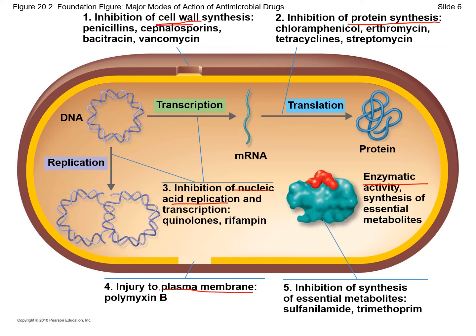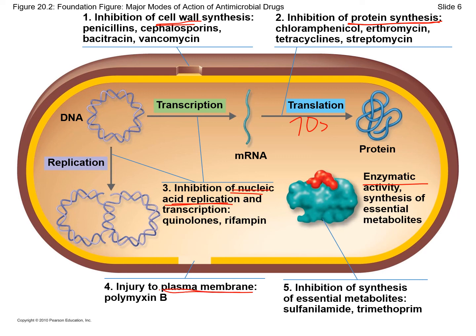So cell wall: eukaryotic cells, animal cells, human cells do not have a cell wall. Protein synthesis is the ribosome, and remember that the ribosome measures 70S, so those antibiotics will only bind to a 70S ribosome. For nucleic acid replication, the enzymes that are involved are different than the eukaryotic enzymes. So those antibiotics only target prokaryotic enzymes that are involved in nucleic acid replication.